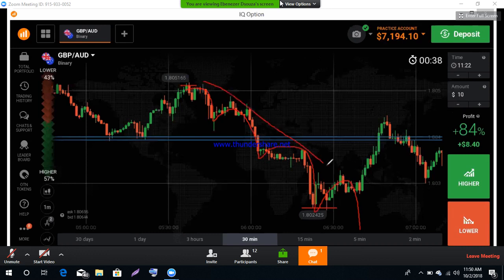This is the actual trend, but the market is not following the trend. It broke this level here. It means it started to go up from this level. It is not following the trend. It broke this level. The uptrend is starting from this level, right? But actually the level is here.